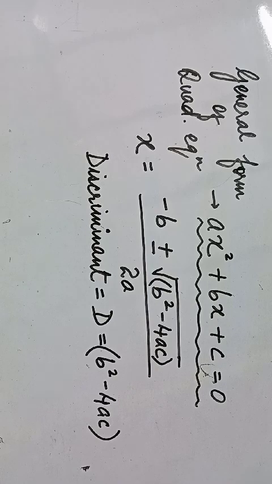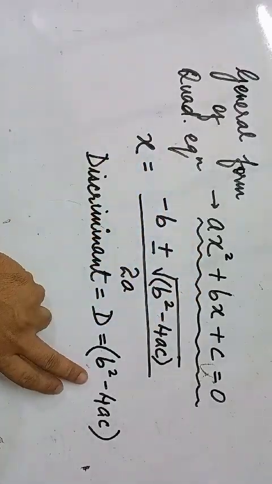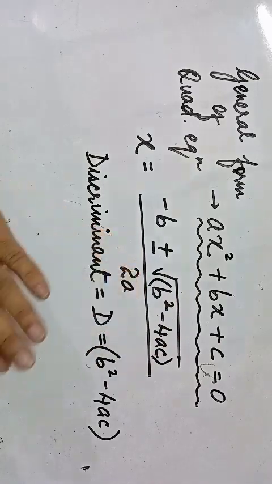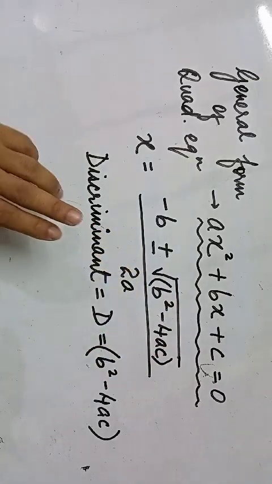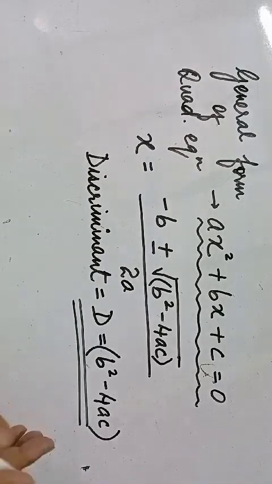Okay, so for the time being, we will remember the Sridharacharya formula, and we will remember that the bracketed portion in the under root sign in the Sridharacharya formula is known as the discriminant.